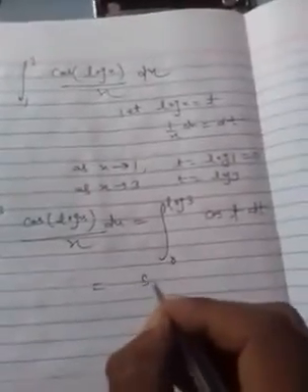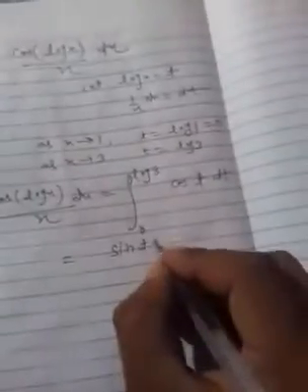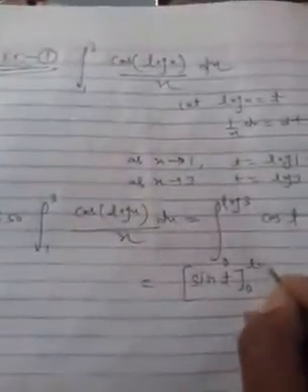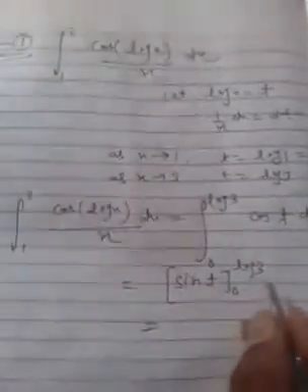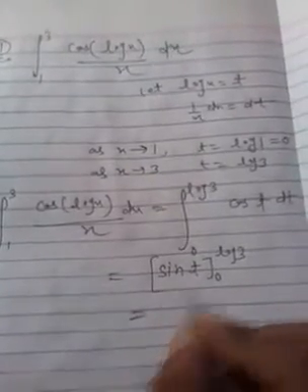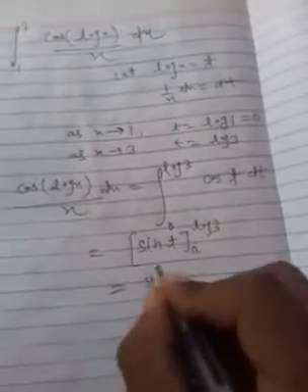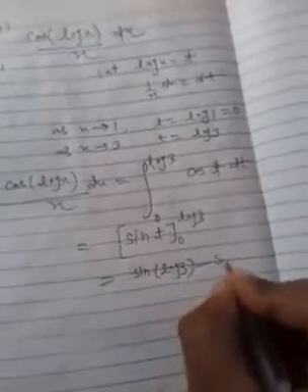It means sin t from 0 to log 3, with the basic property or fundamental property. Apply the upper limit. Firstly, sin in the place of t, sin log 3 minus sin of the lower limit.